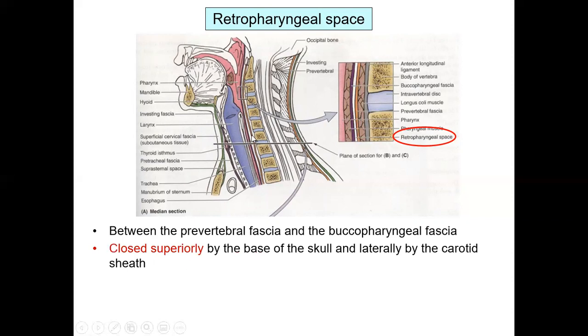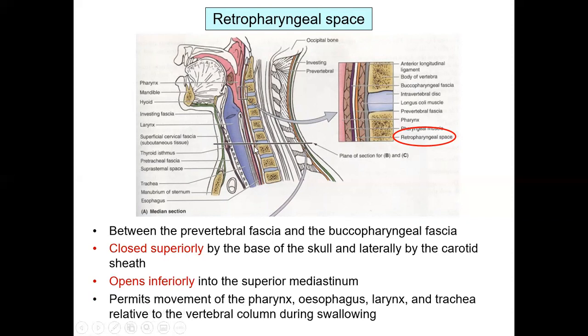This prevertebral layer of deep cervical fascia, if you move upward here, is closed superiorly by the base of the skull, and laterally it is closed by the carotid sheath. But it is open inferiorly, and it continues down into the superior mediastinum.